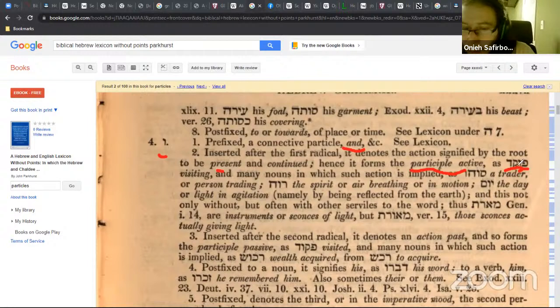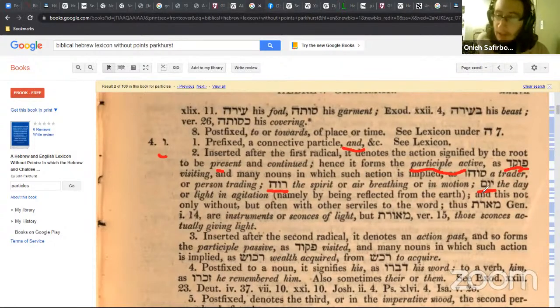Now, I don't know if this is true. He claims that wa is added in these other words to mean a participle, like ruach is a participle, he says. I'm not sure if that's actually true. And yom, now ruach might be a participle because it has two syllables. So that makes sense. But yom has one syllable.